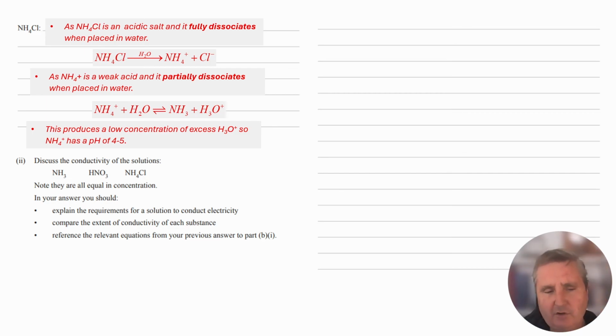So the last question in this paper is they want us to do here, part 2, discuss the conductivity of these three. Before we do that, let's just give the grades that we get for these. There's 2 achieved grades, and the achieved grades were pretty much, if you identified 2 of the pHs correctly, you got an achieved.